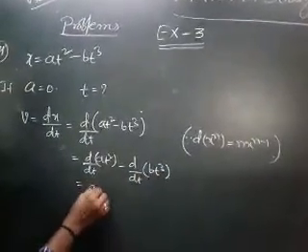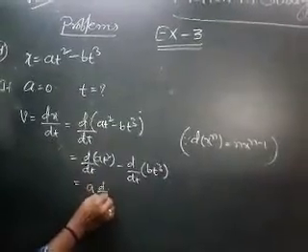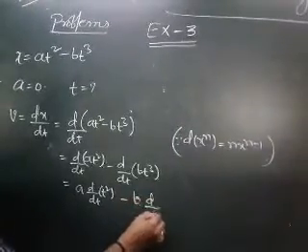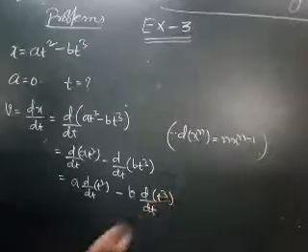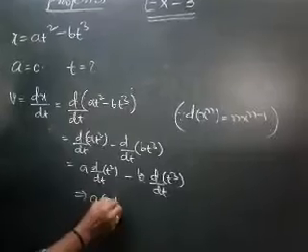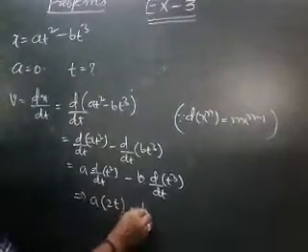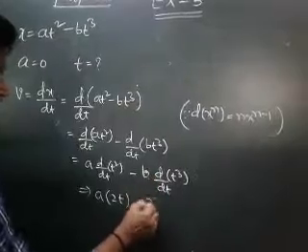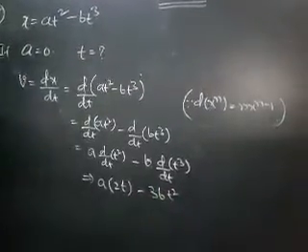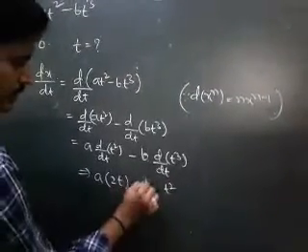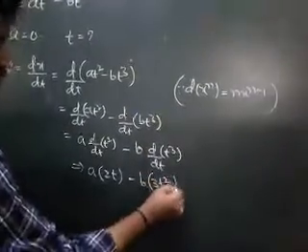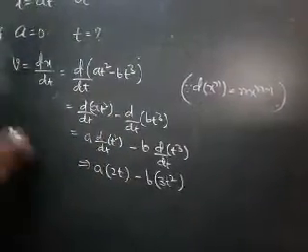So, a into derivative of t square minus b into derivative of t cube. It is in the form of x power n, so the formula gives a into 2t, next minus b into 3t square. Derivative of t power 3 is 3t square.